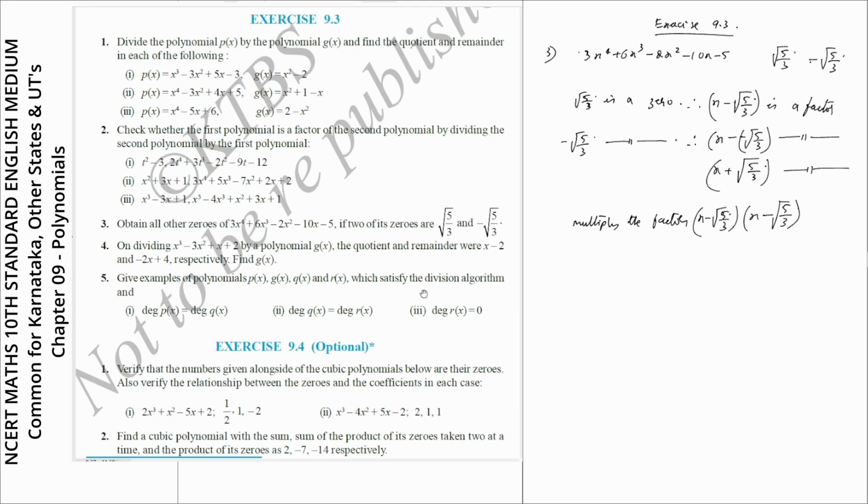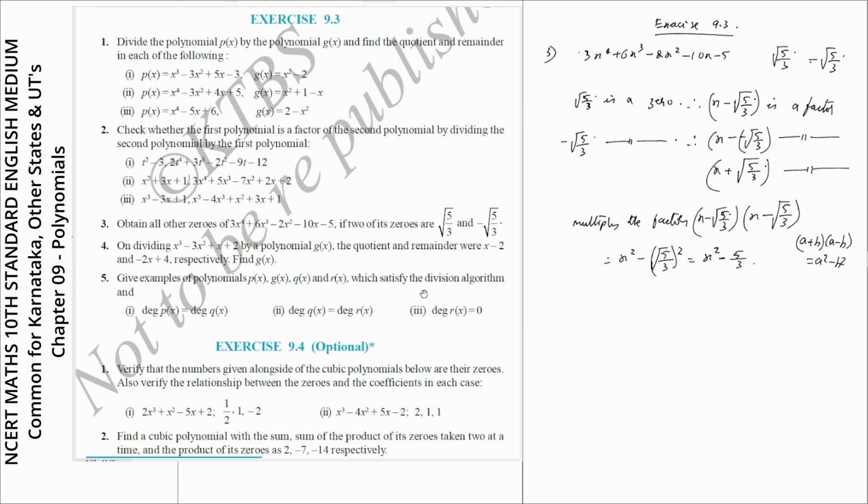So now this is in the form of a plus b into a minus b. So this is equal to a square minus b square. So this is equal to x square minus square root of 5 by 3 the whole square. So this is equal to x square minus, the square of square root of 5 by 3 is 5 by 3 only.